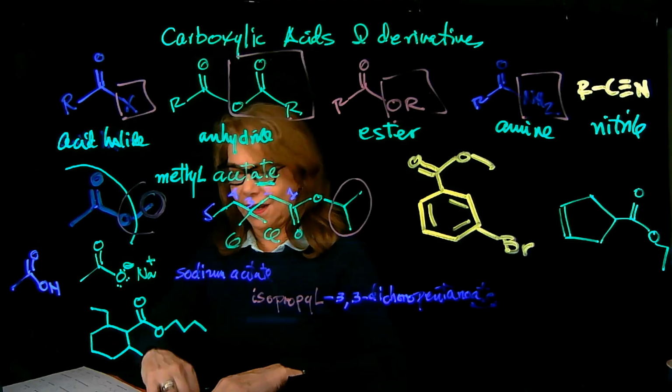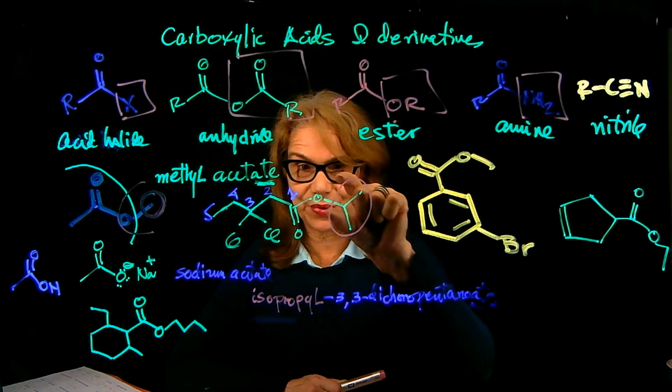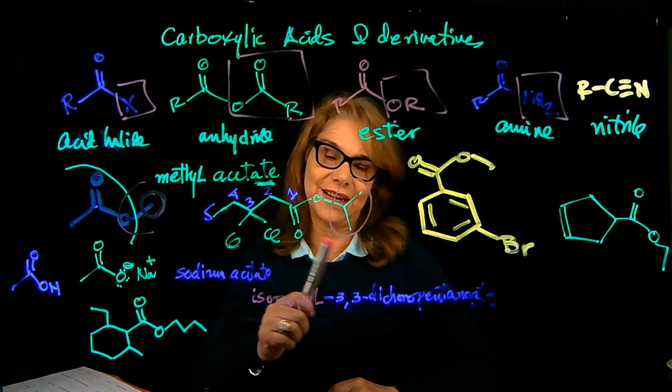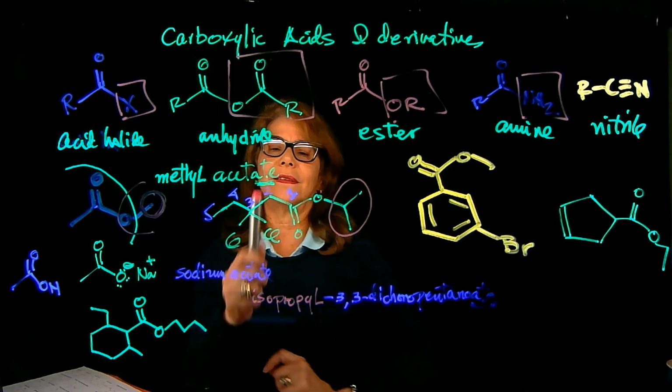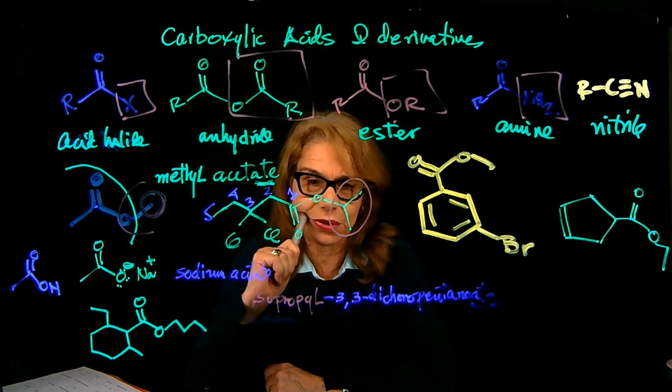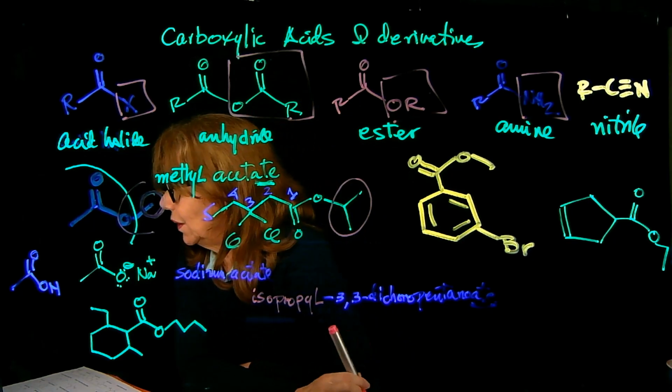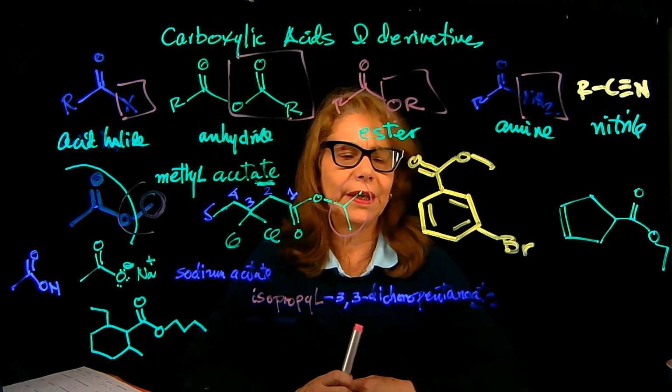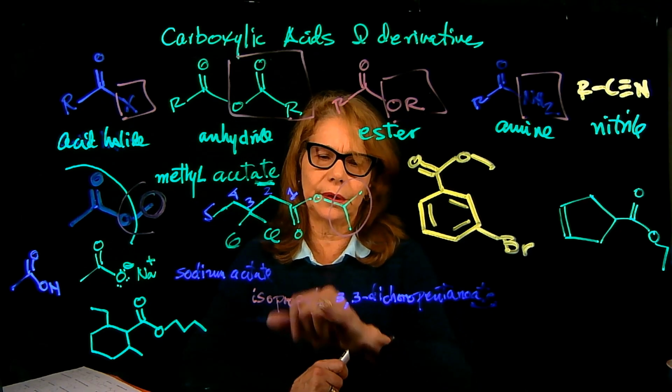And what is attached to the O here, the alcoholic portion, is an isopropyl, and the rest is identifying substituents. So 3,3-dichloropentanoate. Here I don't need a dash.